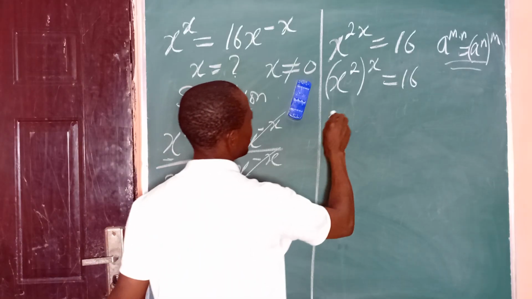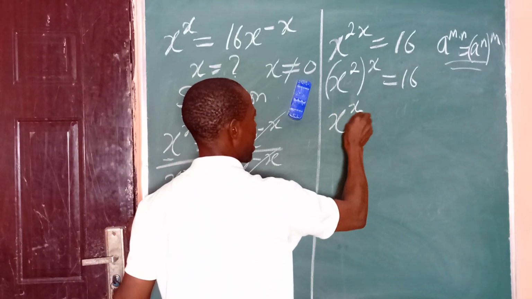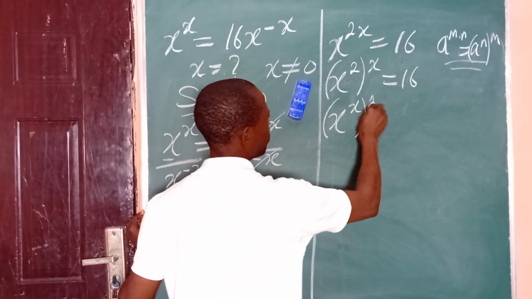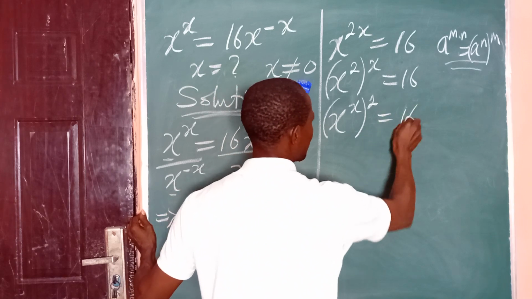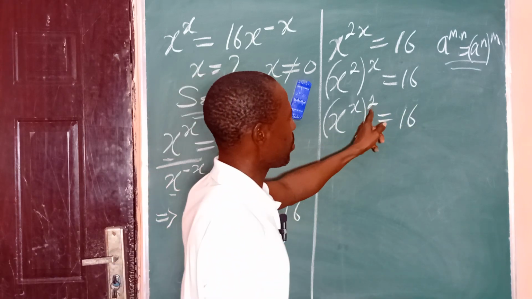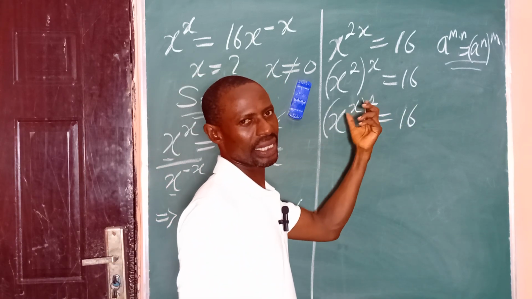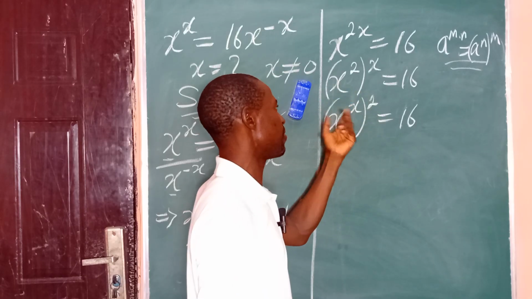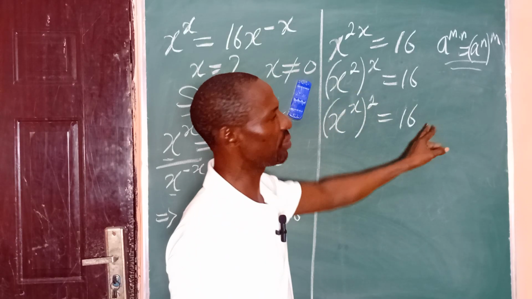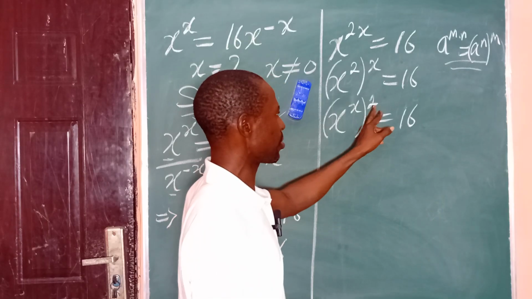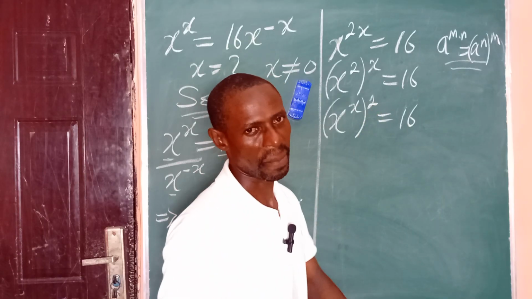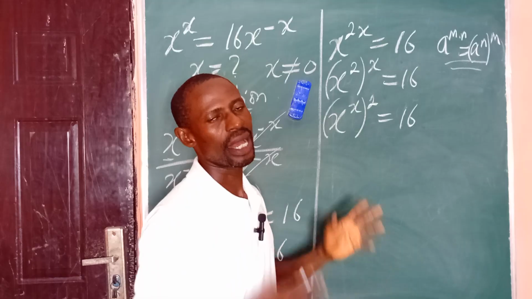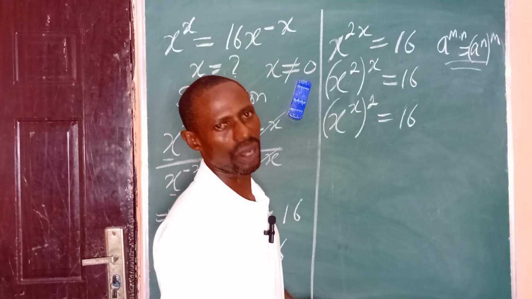This is going to give us x to the x all raised to the power of 2 equal to 16. Again, we want only the quantities that do not have variables on this side, so we move this to the other side. For us to eliminate this 2 here, we have to raise both sides to the power of 1 over 2.